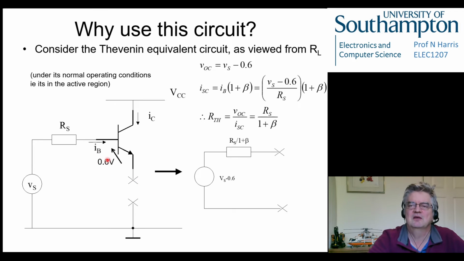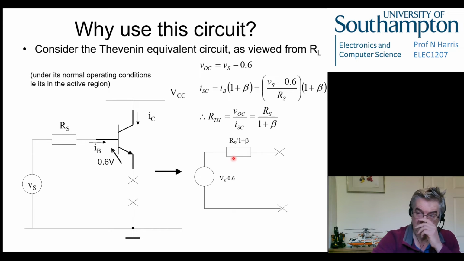Looking into here, we can now see a very small impedance, which means that if we connected something here, we wouldn't get much of a voltage drop, because if we consider putting another resistor in here, almost doesn't matter what the value of this resistor is here, because this one is so small. The voltage we see here, because of the potential divider equation, divides in the ratio of the two resistances. This is a small resistance, this is a bigger resistance, which means that this voltage here is going to be very close to this voltage here. So we avoid loading it.